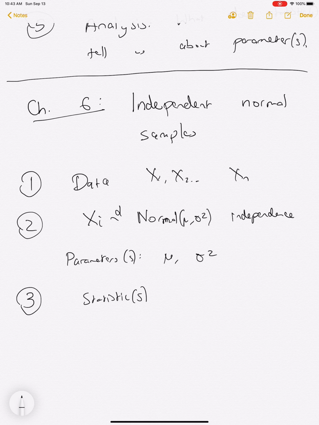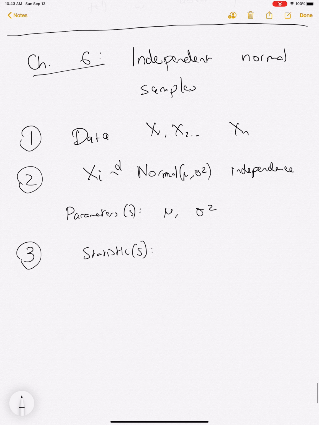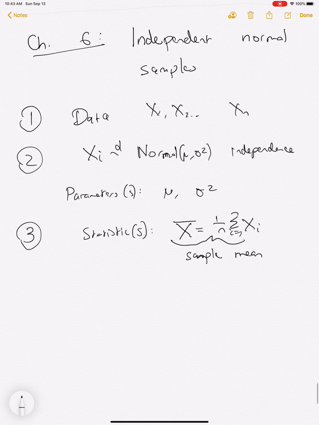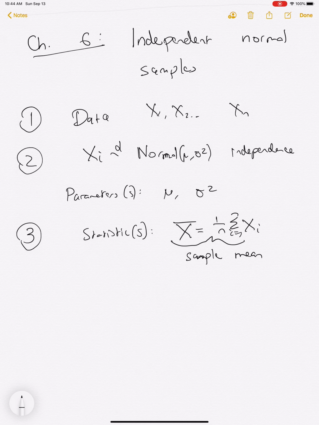The statistics that came up in chapter 6: there was the sample mean, which we're going to see a lot in the next few weeks and throughout the course.